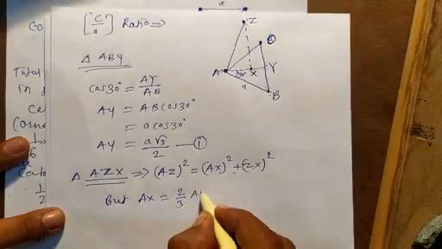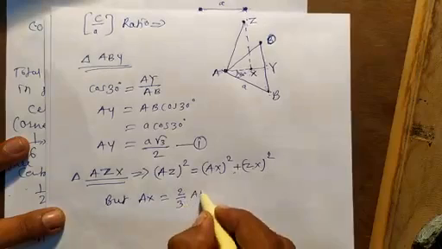Now substitute this value of AX in the equation. Suppose this is equation number 2 and this is equation number 3. Substituting equation 3 in equation 2, we get AZ square equals AX square, that is a upon root 3 whole square, plus ZX square. What is ZX?